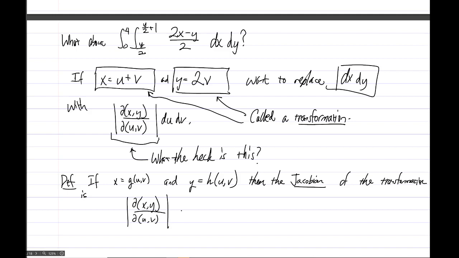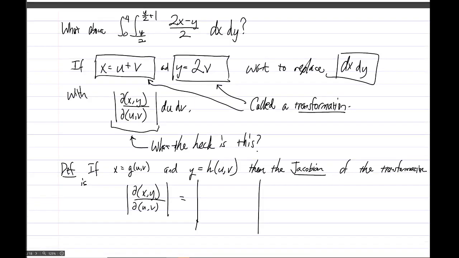What is it? It is actually a determinant of a matrix. So remember, for a determinant of a matrix, we can just draw vertical bars, and inside we're actually going to have partial derivative of x with respect to u, partial derivative of x with respect to v, partial derivative of y with respect to u, and partial derivative of y with respect to v.